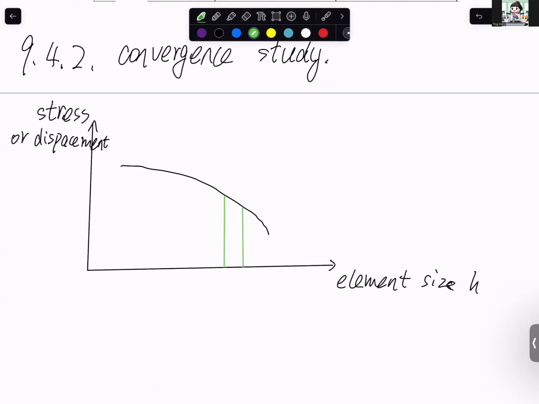And you see, okay, there's no difference when you try different element sizes, but when you keep doing it, and around this point, let's say you try it again, this is the element size, and then you try another one, and if you see, okay, I changed the element size, the stress result, displacement does not really change much, and we know that, okay, it's getting close to the convergence.